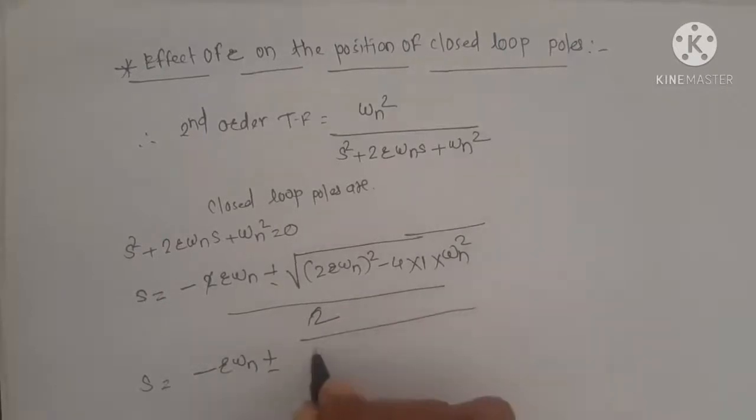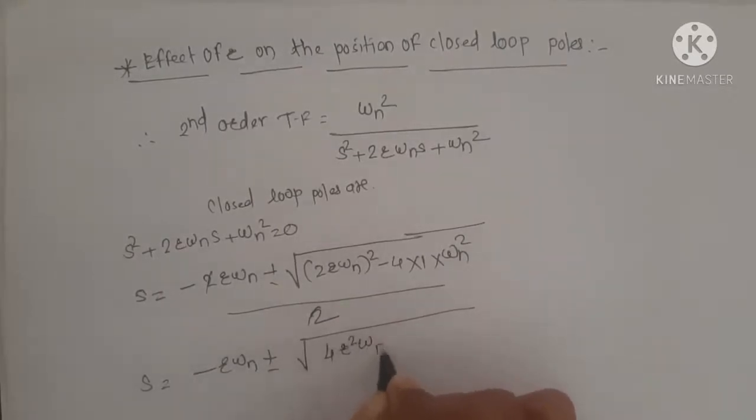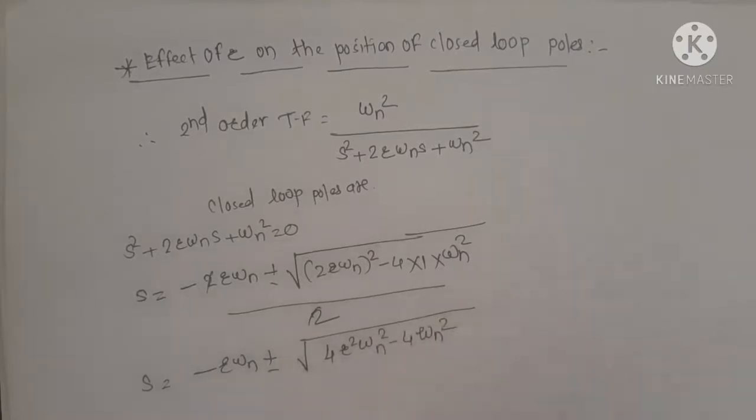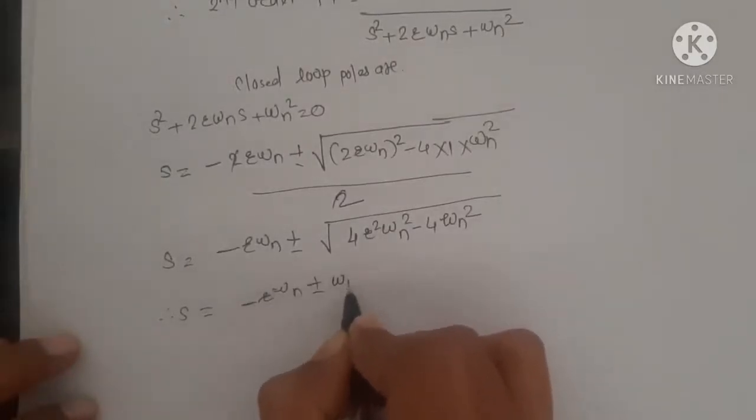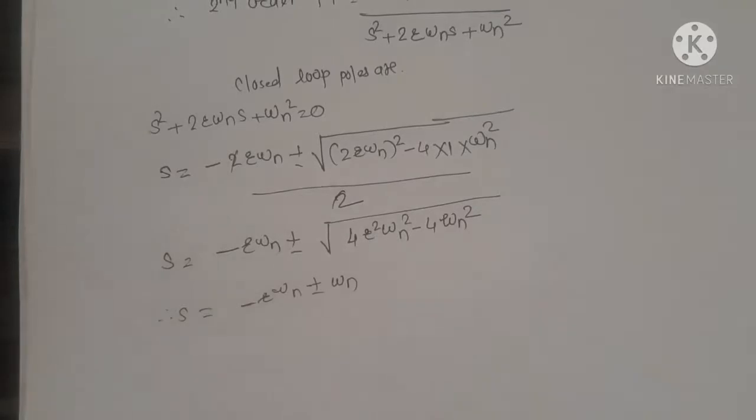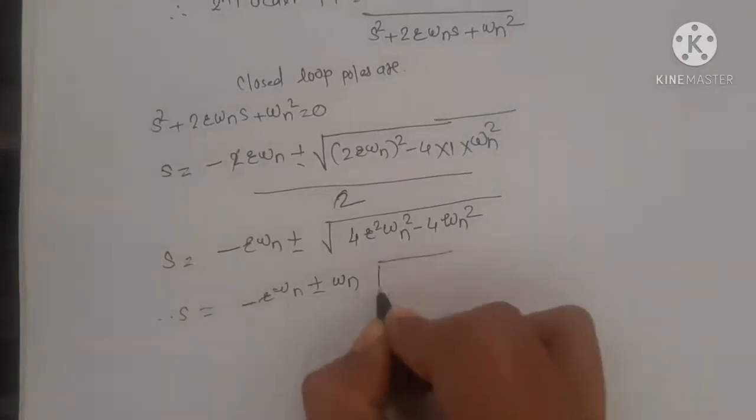After solving this bracket, what will we get? 4 eta square omega n square minus 4 omega n square. After solving this, we will get minus eta omega n plus or minus omega n under root eta square minus 1.